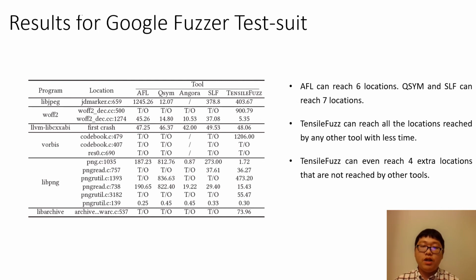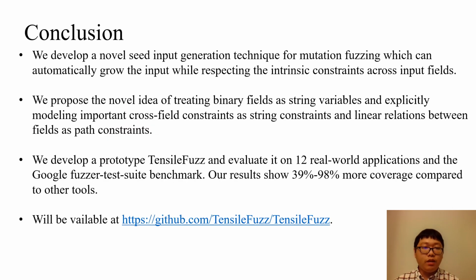TensileFuzz can reach all the locations reached by other tools with less time, and even reach 4 extra locations, which are not reached by other tools. In conclusion, we developed a novel seed input generation technique for mutation fuzzing, which can automatically grow the input while respecting the intrinsic constraints across input fields.